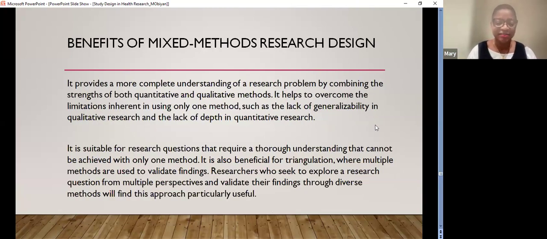Benefits of mixed method research design. Why do I think mixed methods would be best to answer this question? I mentioned that I led a research. Actually, this study was funded by the Public Health Agency of Canada, and we're scaling it up now.